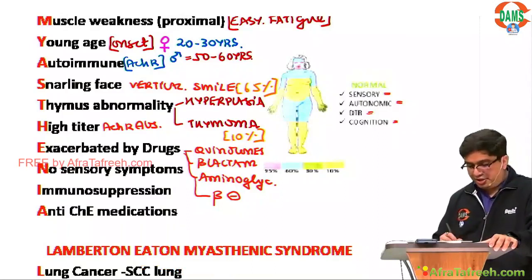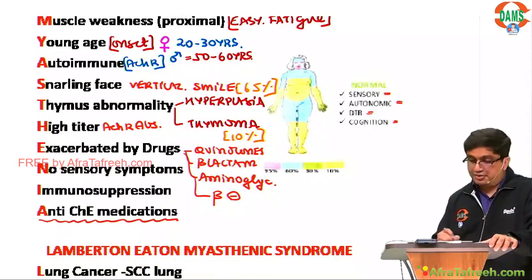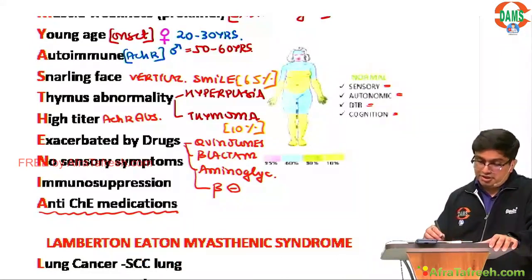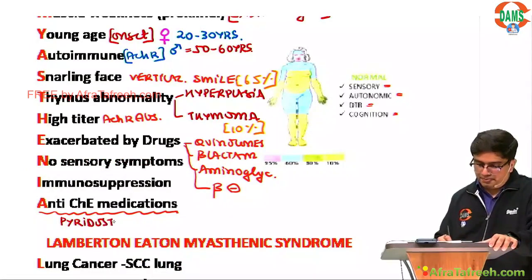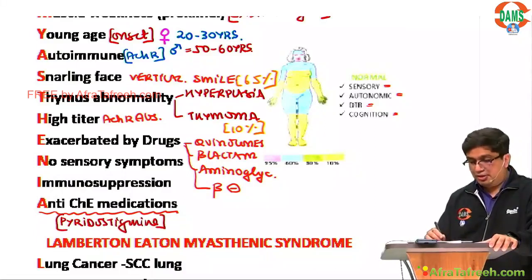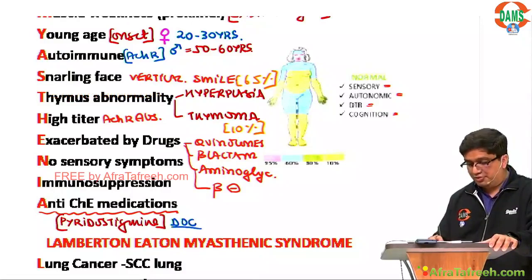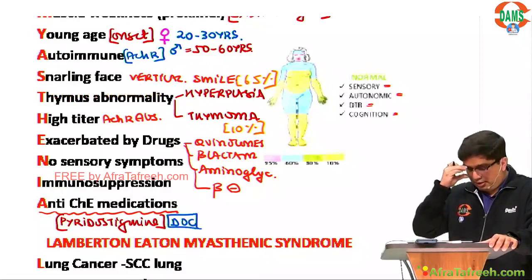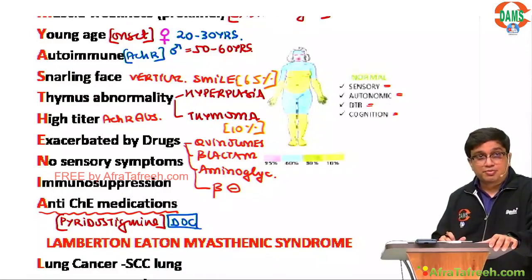In them, the ideal treatment is anticholinesterase medication. The anticholinesterase medication that we often advise is pyridostigmine. That is an oral anticholinesterase inhibitor, and it is always considered the drug of choice for these patients. There is also immunosuppression that will be required in them. Okay.